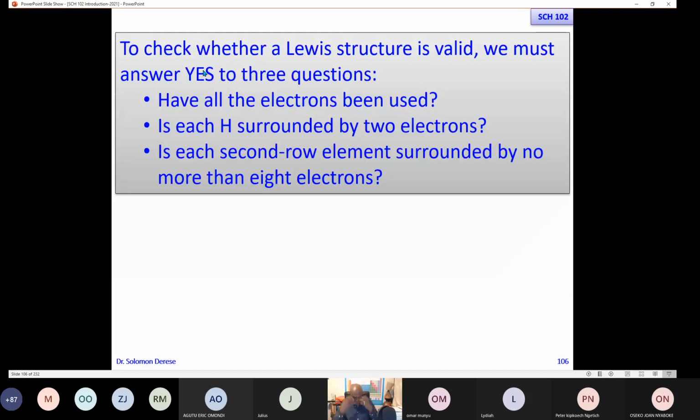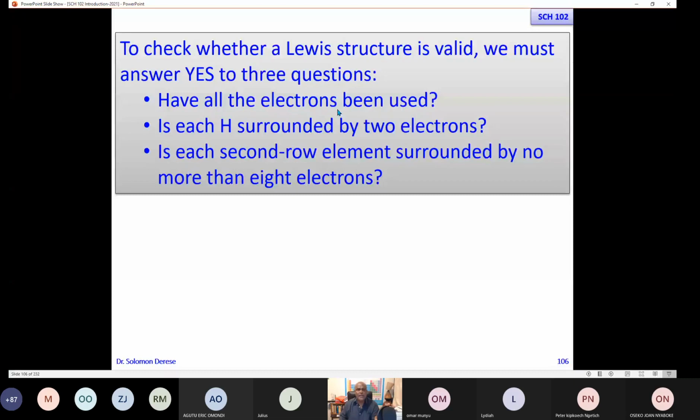So now, after you have drawn the Lewis structure of the molecule, you can cross-check whether the Lewis structure you have drawn is valid, whether it is correct or not. If it is correct, the answer to these three questions, 1, 2, 3, must be yes.